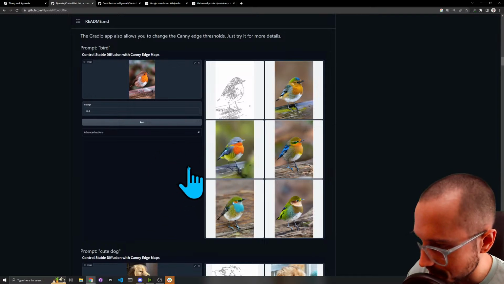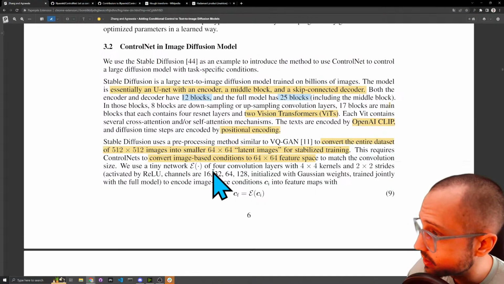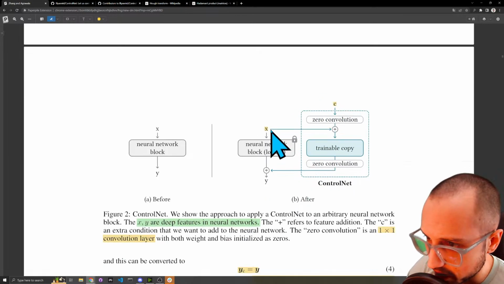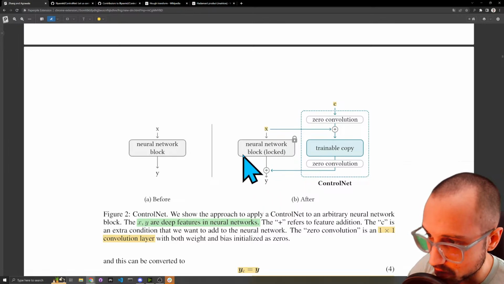And because of this zero convolution right here, the dimensionality needs to be the same as the intermediate input and outputs of this neural network block, right? The dimensionality here needs to be the same.